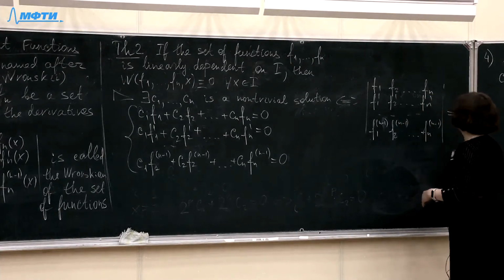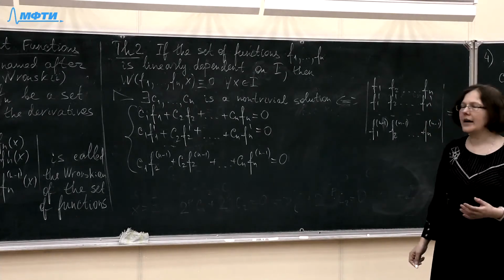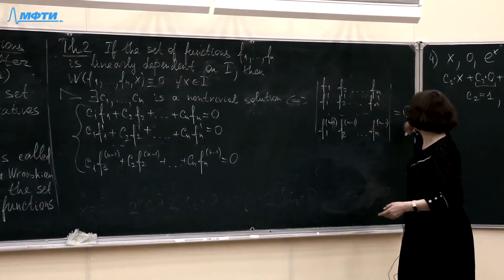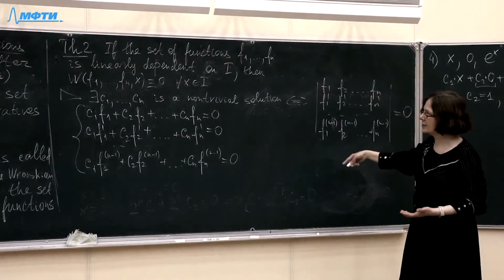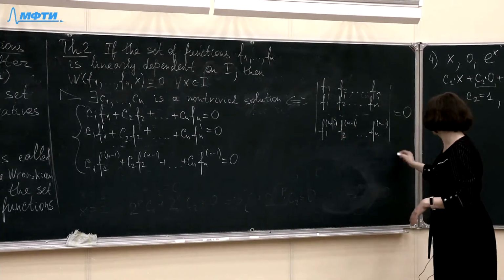So it is 0. Since this is true for any fixed x, it is true identically. So this determinant vanishes identically on the interval I. So the theorem is proved.